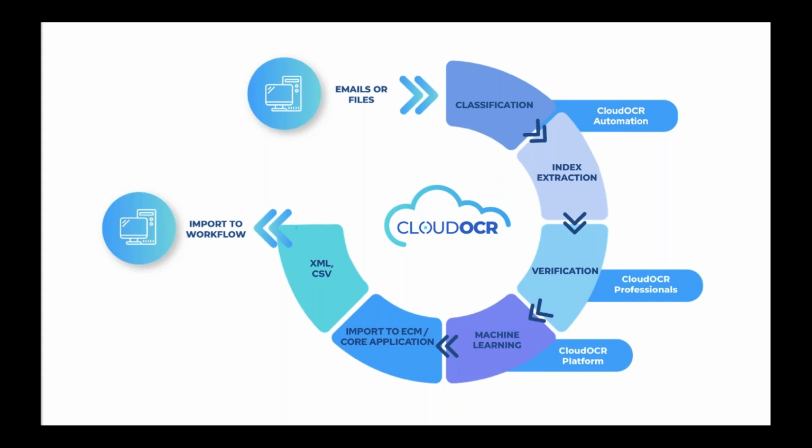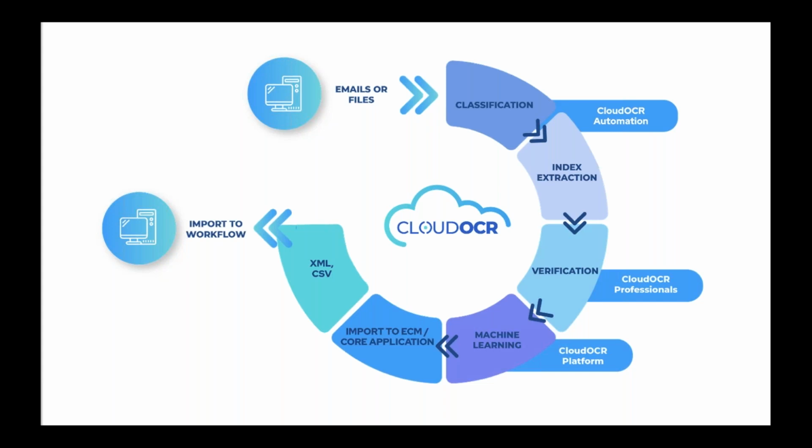And a reason for this, and why we don't just let things run through there, and here's an example, is we have an invoice that's coming in and we get to the line where it's trying to capture the PO number, but instead it captured the PO box. So this is something that the CloudOCR professional will recognize. They will basically point it to the correct PO number.